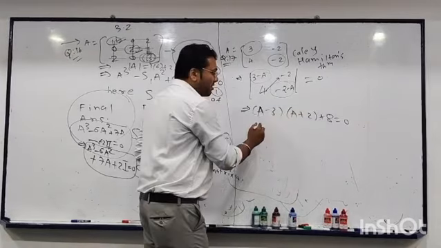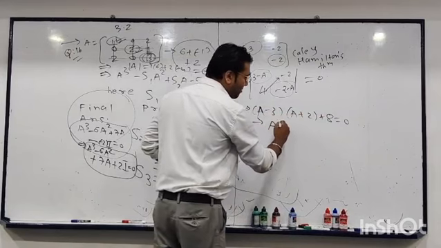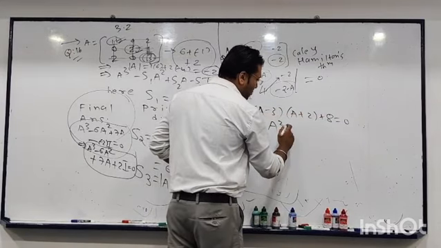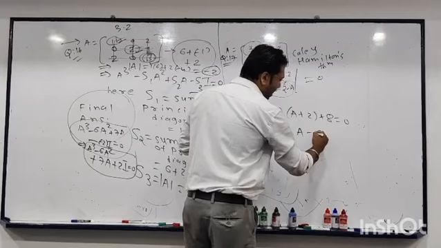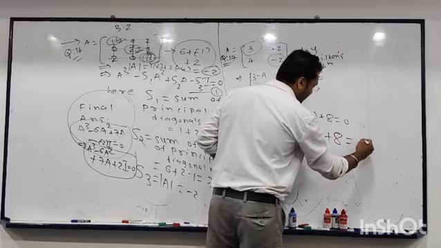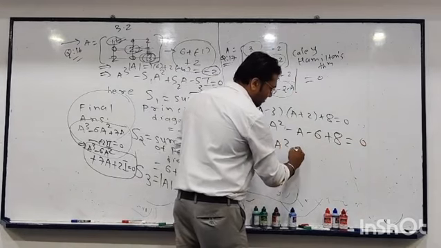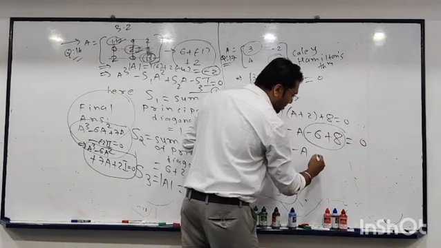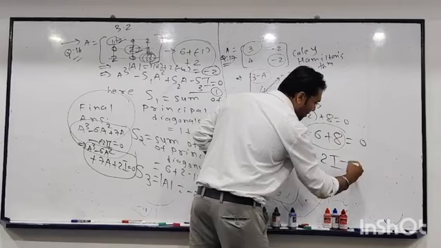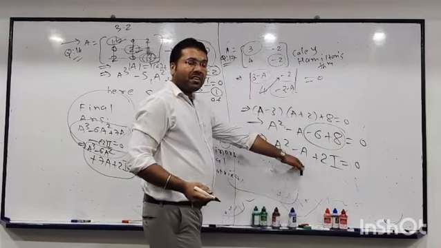Now simplify this equation. You will get your final answer. A square plus 2A minus 3A, so minus A minus 6 plus 8. Right, friends? Here just replace this constant term by constant into I. So this is your final answer.